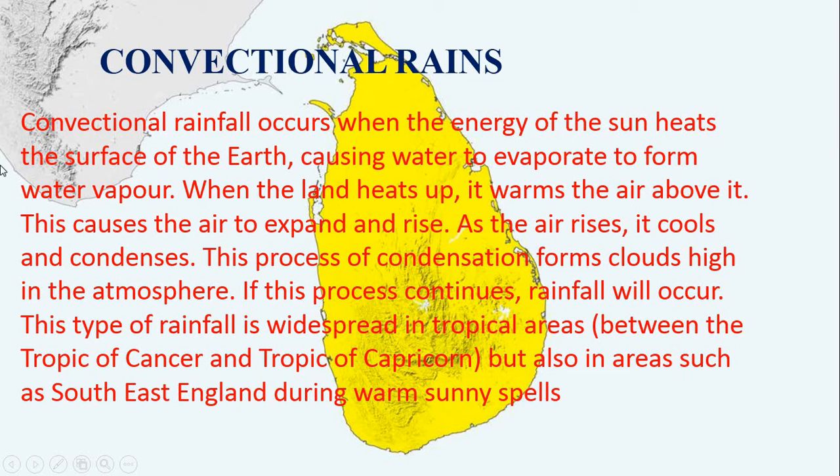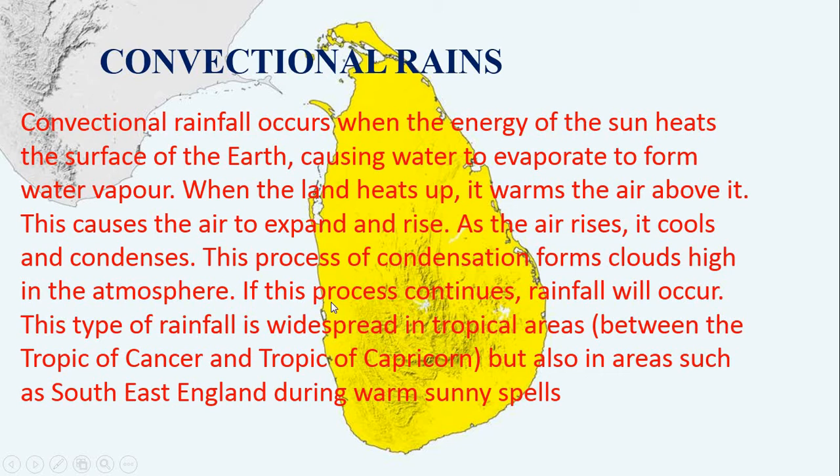When the sun heats the earth, the water evaporates and forms water vapor. When the land heats up, it warms the air above it, and this causes the air to expand and rise. As the air rises, it cools and condenses. This process of condensation forms clouds high in the atmosphere.